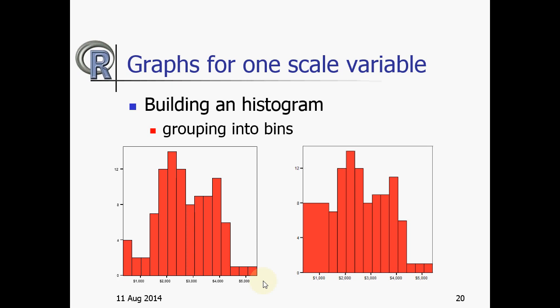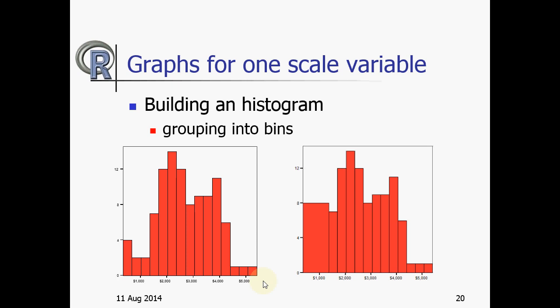In order to build a meaningful graph, you have to group into bins. It means that you have to group, for example, everybody from 1,000 to 1,200, everybody from 1,200 to 1,400. So you have to build bins and group them and count how many people fall into that bin.